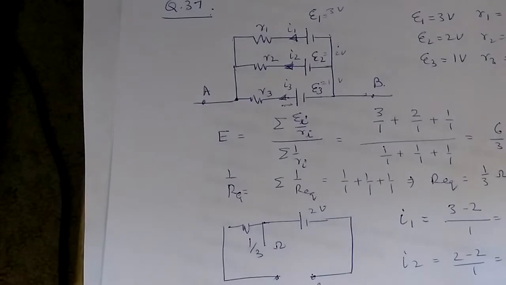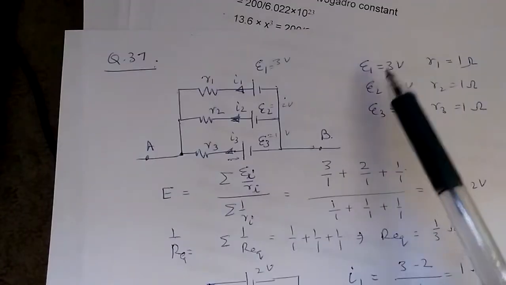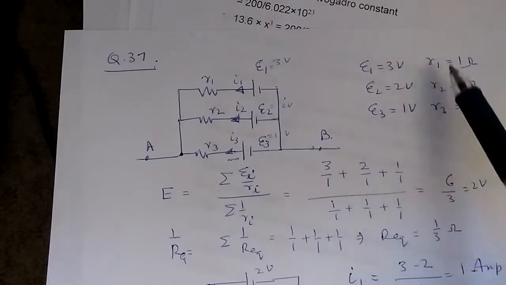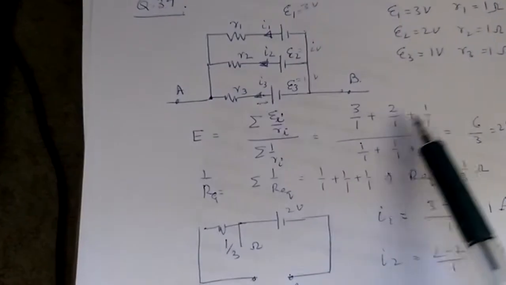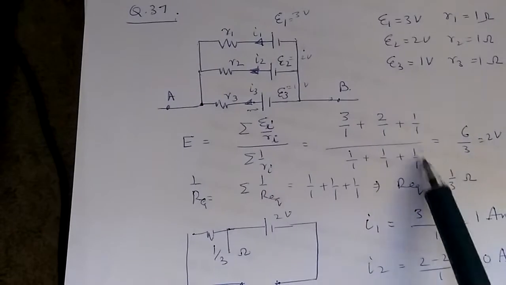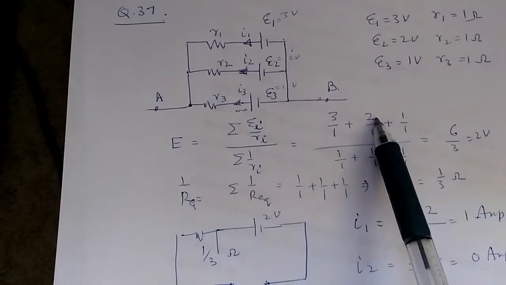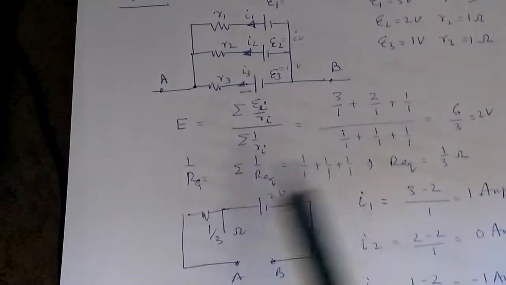So in this case, E1 is 3 volt, E2 is 2 volt, E3 is 1 volt, and R1, R2, R3 are 1 ohm. So we have 3 by 1 plus 2 by 1 plus 1 by 1 divided by 1 upon 1 plus 1 upon 1 plus 1 upon 1. 3 plus 2 plus 1 is 6, divided by 3 we have 2 volt.